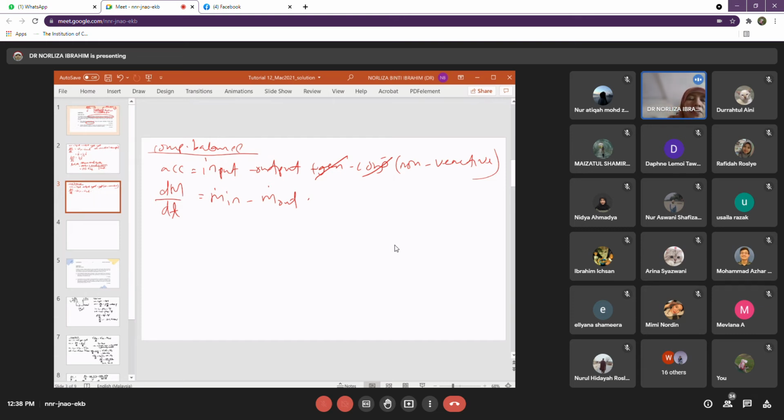Can I just, as simple as that, put m equal to m sodium carbonate? Can I do this? Anybody?